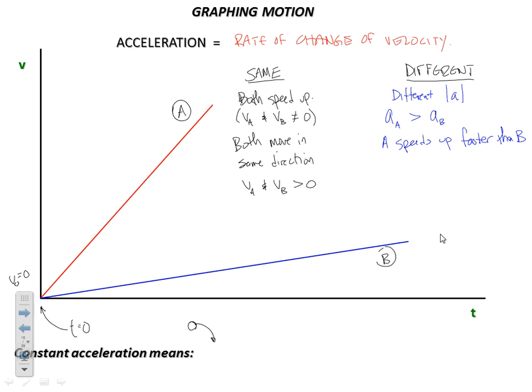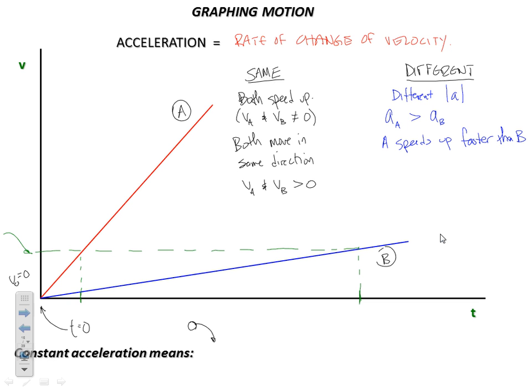A's rate of change of velocity is greater than B's. A's acceleration is greater than B's. At some instant, they both get to this speed here. It only takes A this long to get to that speed. It takes B a lot longer to get to that speed. Okay?